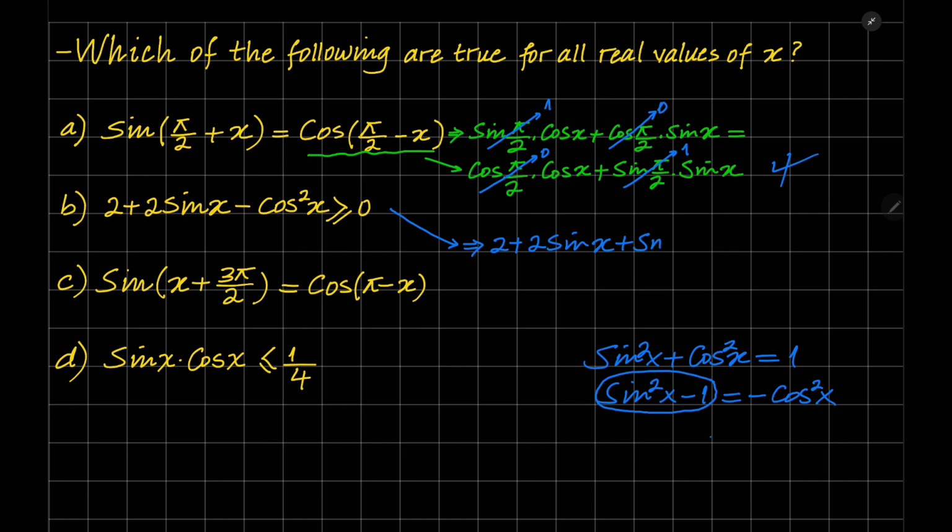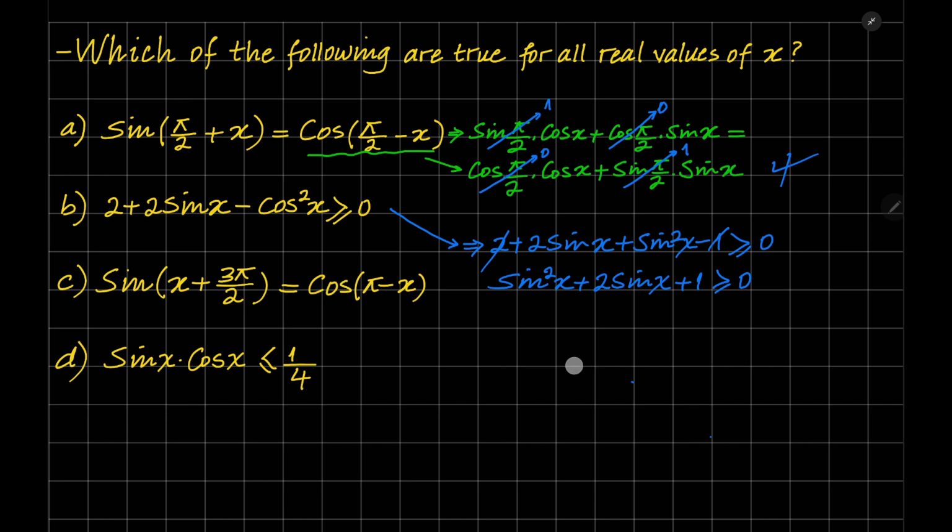If we substitute sine square x minus 1 instead of minus cosine square x, then it will be plus sine square x minus 1 is greater than or equal to 0. Then if you continue to simplify, sine square x plus 2 sine x, plus 2 minus 1 is plus 1, greater than or equal to 0.